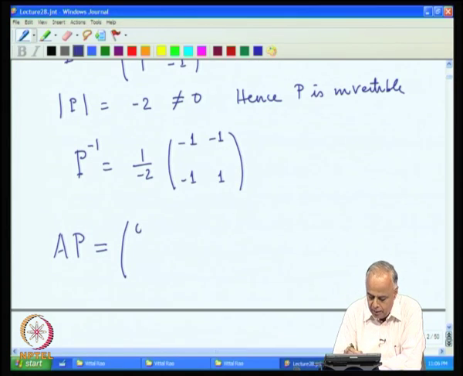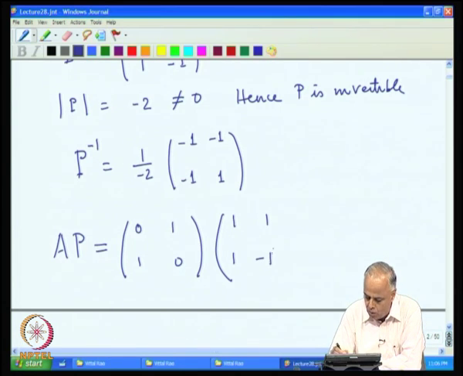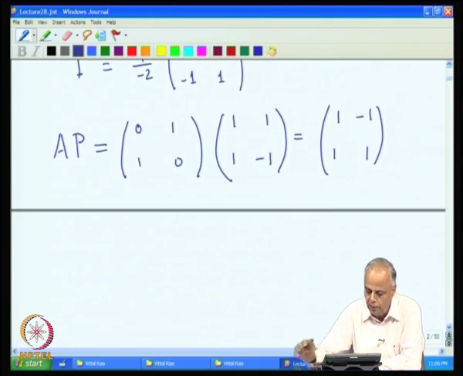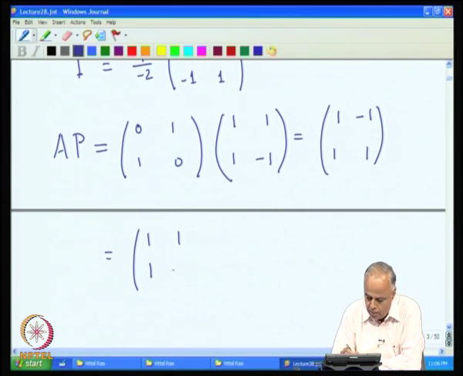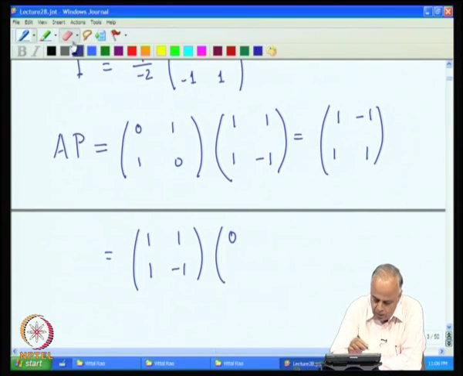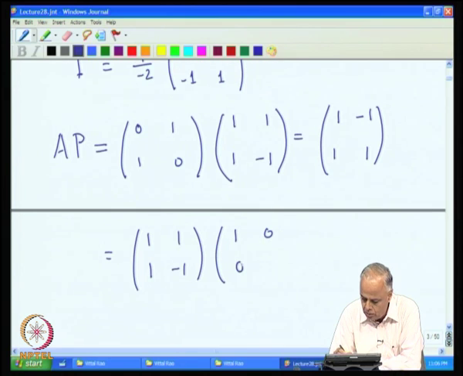A is the matrix 0 1 1 0 and P is the matrix 1 1 1 minus 1. When we take the product, we get 1 minus 1 1 1, which we can write as 1 1 1 minus 1 into the diagonal matrix 1 0 0 minus 1.